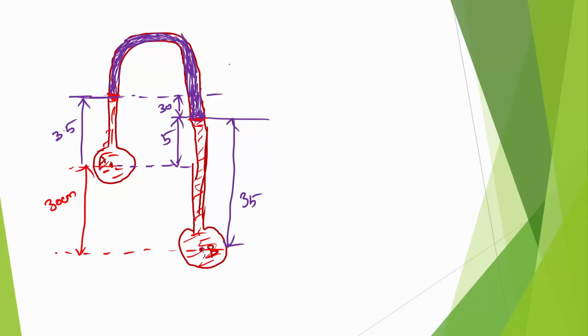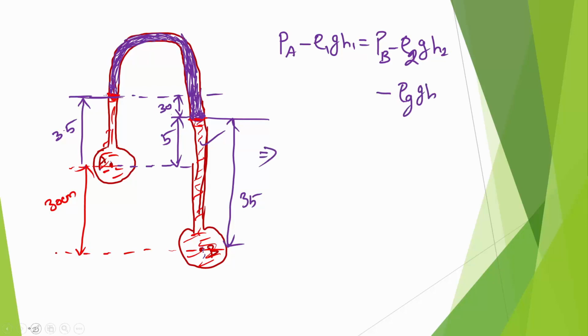Now the pressure at my left hand side limb is PA minus rho water, so rho 1 g h1. That should be equal to my PB minus rho 2 g h2 minus rho g h. I'm taking it as rho 1 because the fluids are equal, or you can take rho 2 here and then finally substitute 1000 on both sides. The density of the fluid that is flowing is 1000.